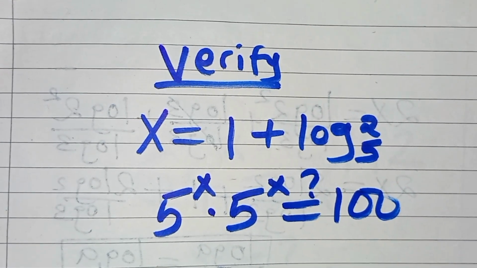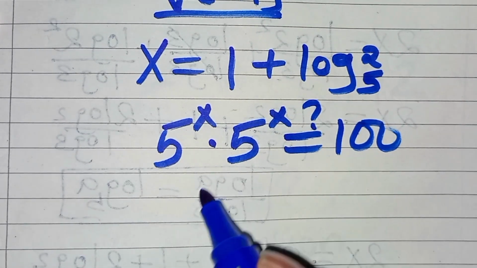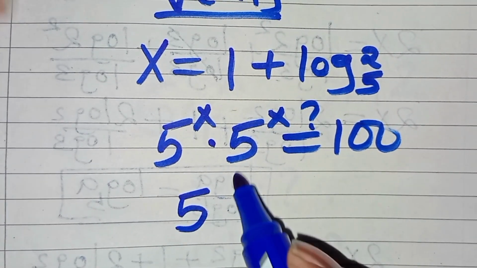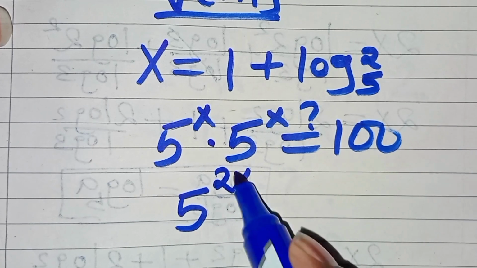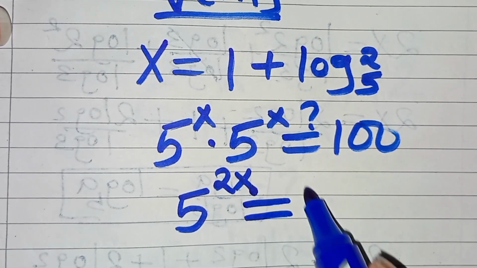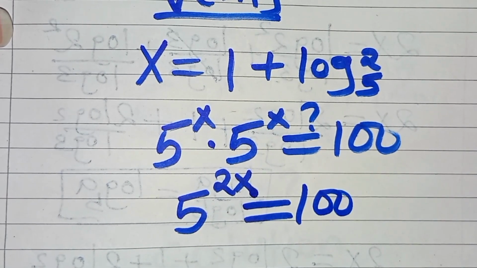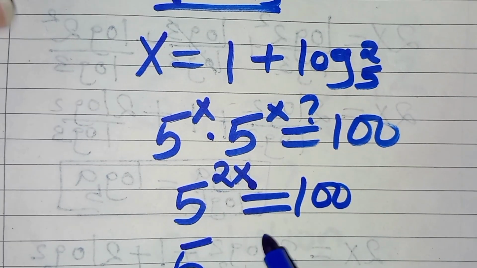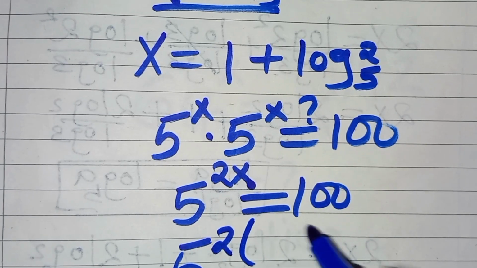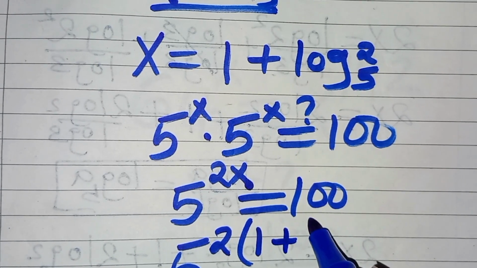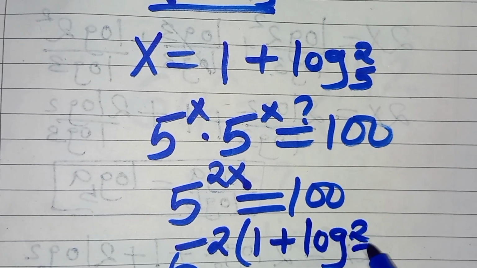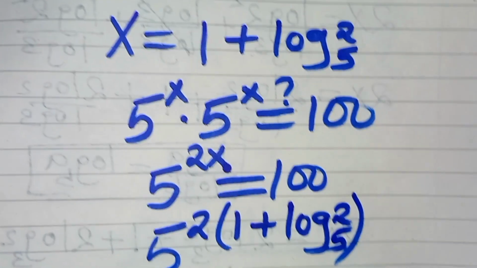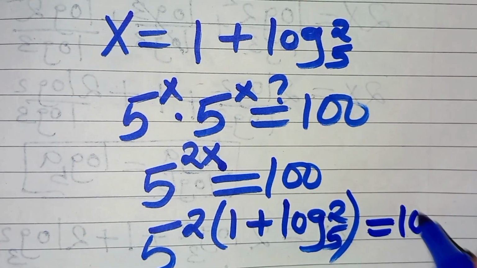Okay, let's check if this is true. We simplify this further to 5 to power 2x, which is equal to 100. Now let's substitute the value of x here. We'll have 5 to power 2 multiplied by 1 plus log 2 to base 5. This should give us a value of 100.